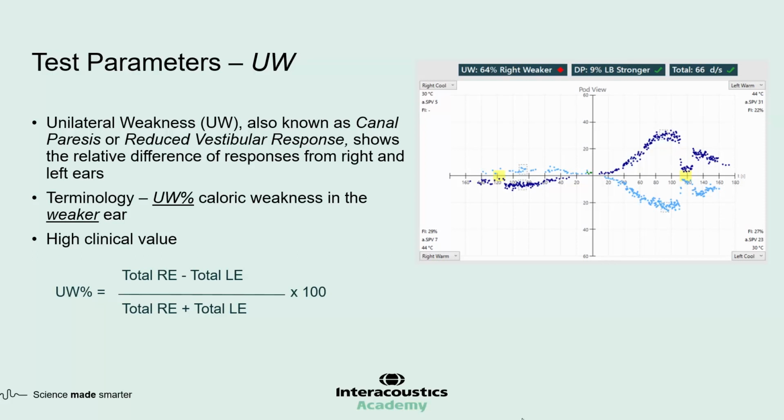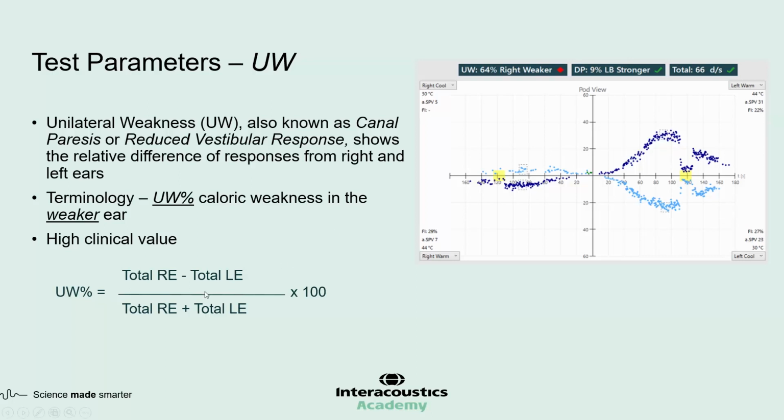The terminology that we use is X percentage of unilateral weakness in the weaker ear. So for example, we say 64% unilateral caloric weakness in the right ear, or something similar to that. This is a very high clinical value. In fact, one might consider this the highest clinical value for detecting vestibular abnormalities.